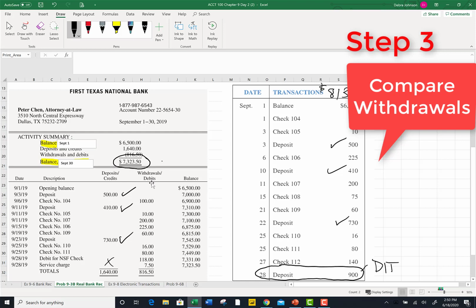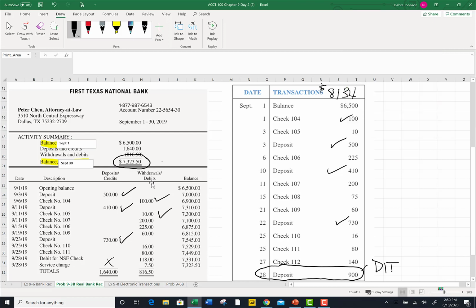In this case, check 104 for $100 matches. Check it off. Check number 105 for $10 matches. Check it off. The next one for $200 matches. Check it off. The next one, 106 for $225 matches. Check it off.